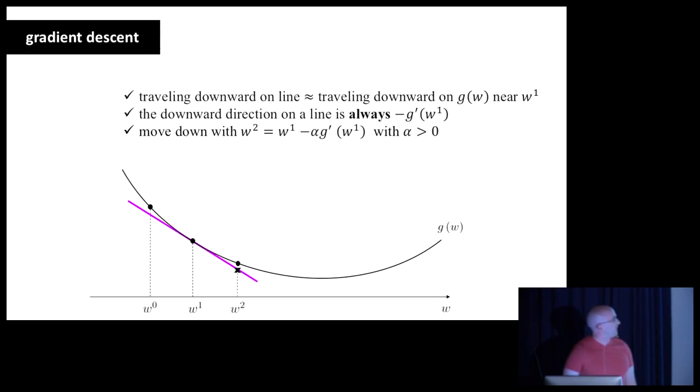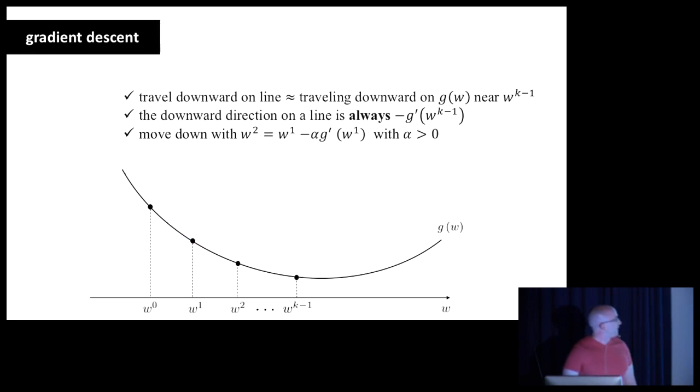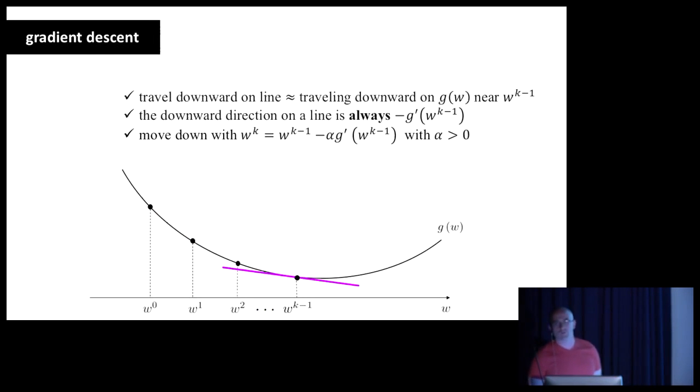What does the step look like? Now instead of W0 minus alpha times the derivative at W0, I just plug in W1, because that's where I started off. And you can continue. Keep going like this. You can go all the way down to the bottom of that cost function, up to, say, some Wk minus 1, the k minus 1th iteration of such an algorithm. Draw the tangent line, go downward.